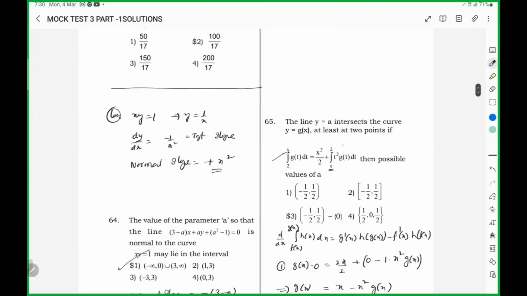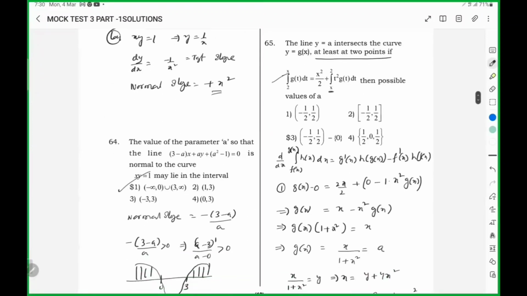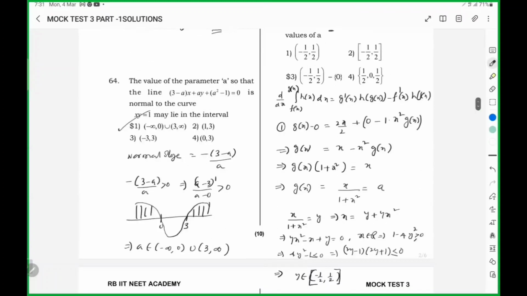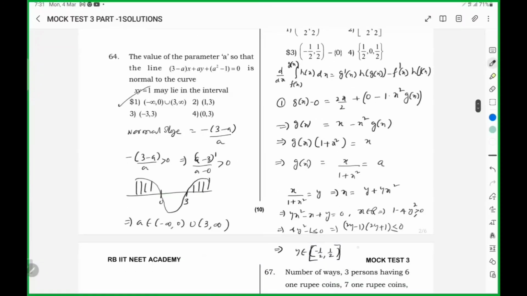But he says that the line must intersect at least 2 points. Discriminant 0 means it touches at only one point. So we cannot take minus half and half, which implies y must lie between minus half and half.